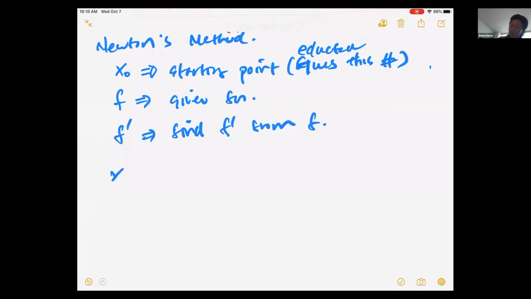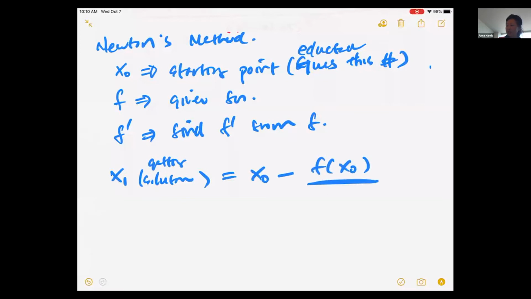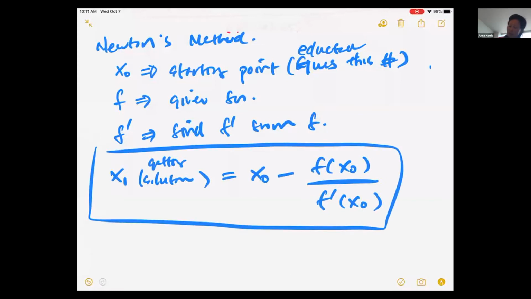So the solution, I would just say x1, really means the new solution is equal to x naught minus f of x naught, everything divided by f prime of x naught. That is the Newton's method approximation. You're going to iterate again and again until you get a solution close enough that you don't mind having that x be your solution.